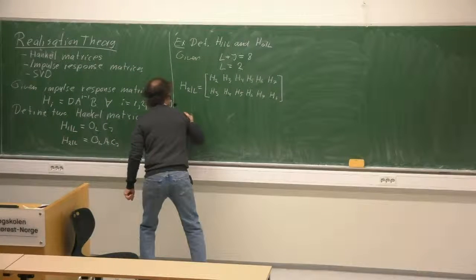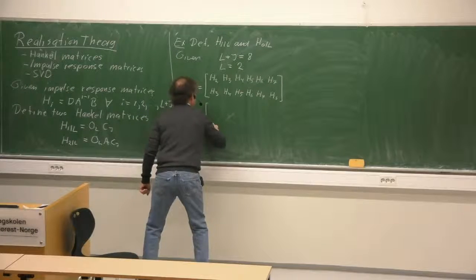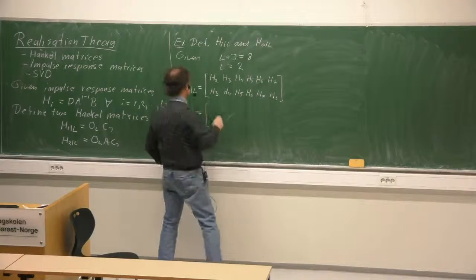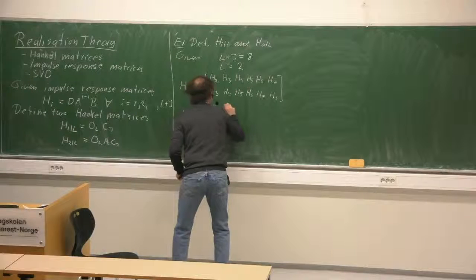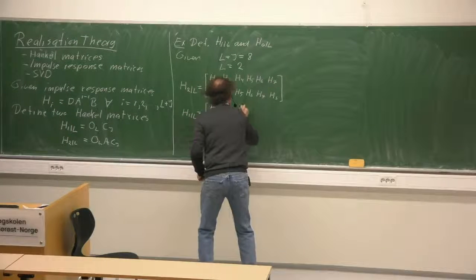And then we define the first Hankel matrix. It should have the same number of columns as this one: H1, H2, H2, H3, and so on.